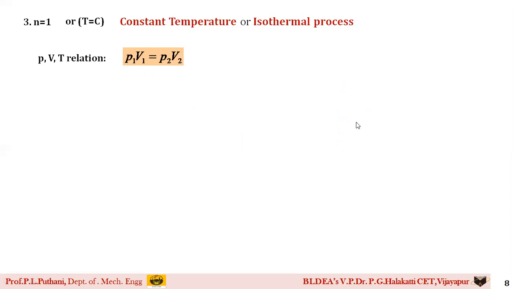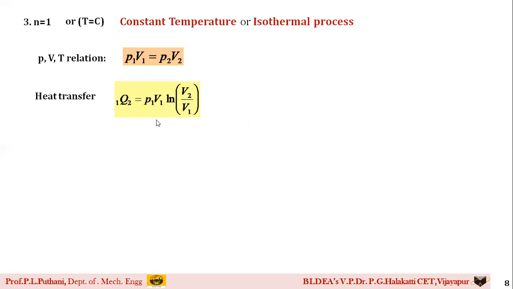So now here, how can I write the heat transfer equation? I can write it as Q12 is equal to P1 V1 ln of V2 by V1. This is the same expression.